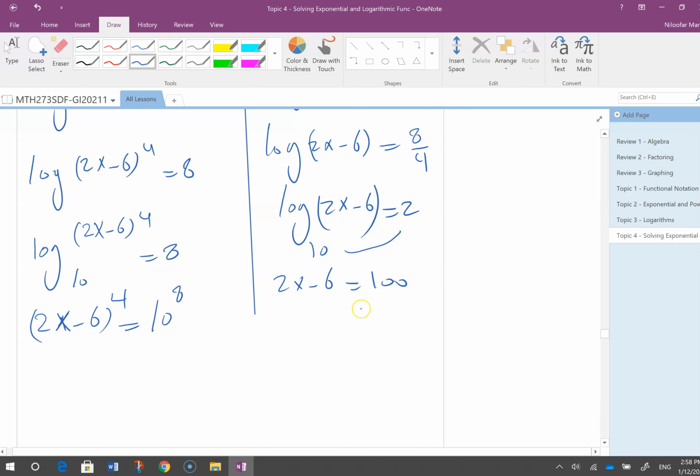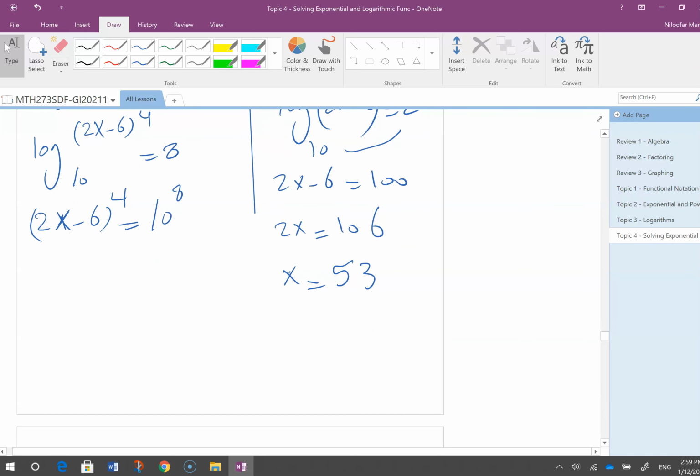Okay, so 10 to the power 2 is 100, and then 2x is 106 and x is 103. See how fast? Very fast. Let me see. Oh, divided by 2. Yes, sorry. So x is 53. Yes, x is 53. I'm sorry.